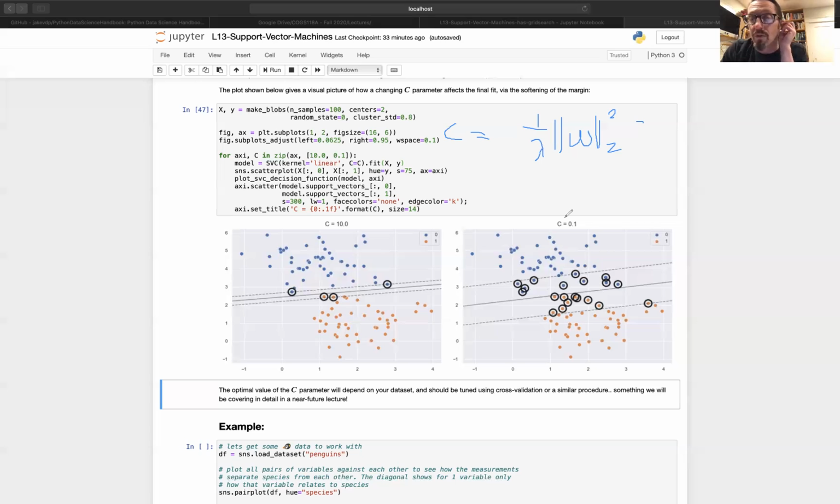Okay, so double check with the lecture, but I'm almost 100% sure now that this is the part where we really try to push the margin large, and that happens when C is small. And here is where we don't try to push the margin large, where we let the exact nature of the training set dictate where the margins are. So here we allow more slack in an effort to push the margin large.